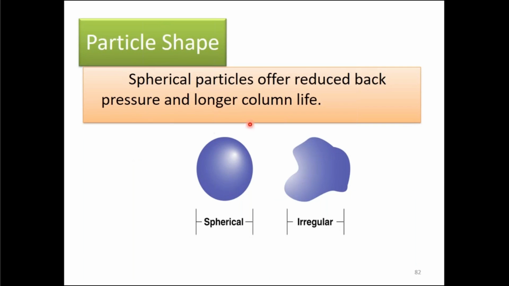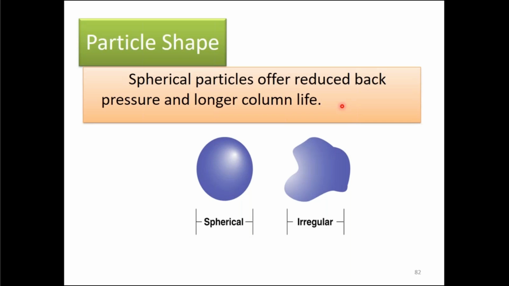So we will go through each one of these in detail, what it refers to, starting with the particle shape. Which is the best type of particle shape? It is spherical particles. Why spherical particles? Because they offer reduced back pressure and longer column life. What is back pressure? It means the column is exerting some pressure in the opposite direction to the flow of the mobile phase.